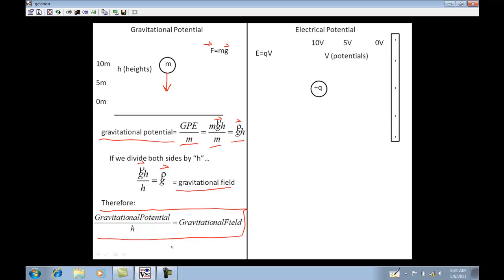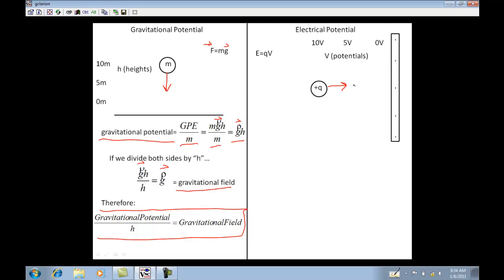So with that being said, let's look at how that applies in the electrical potential world. If I've got this positive charge near this negative plate, and it starts with initial velocity of 0, what kind of motion would I expect it to have? Acceleration. Acceleration which way? It's going to accelerate to the right like that.